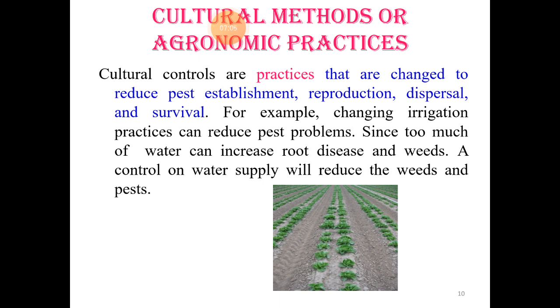In irrigation, too much water supply to a given agricultural field induces increased root diseases and an increased number of weeds. So, this practice is changed by decreasing the water supply to such fields.